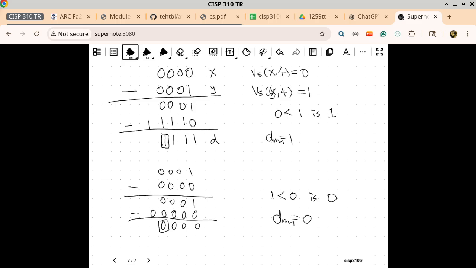What do you think is going on? Because every subtraction should be more like this, where the sign flag of the difference should be a 1 if and only if x is less than y, and it should be a 0 if x is not less than y. So what happened to the previous case?